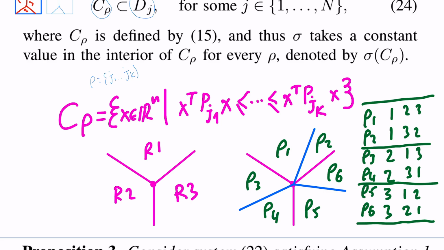For a given permutation, there is a corresponding J1 dot dot dot JK numbers, in that order, and this is the condition you would use to see which part of the state space that permutation corresponds to, right?